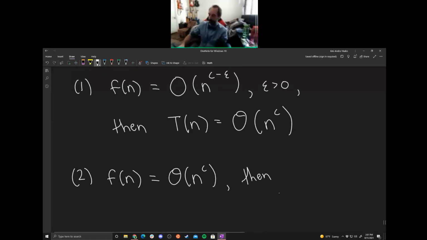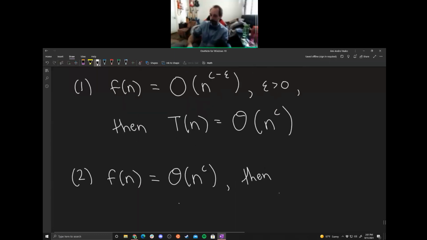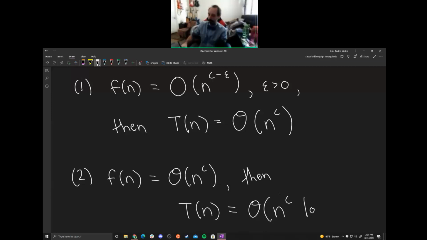T of n equals theta of n to the power c times log of n. I think I'll box these in actually. So these are the results. That's the result.